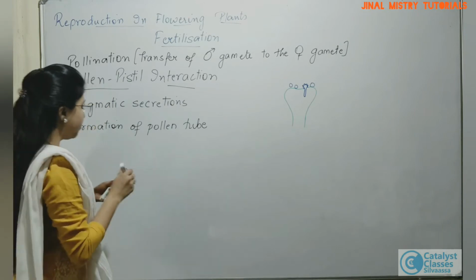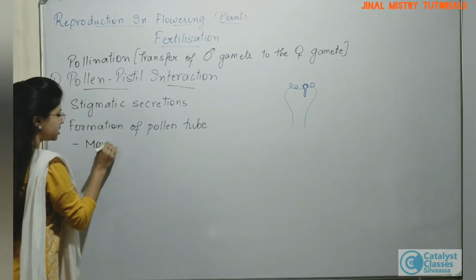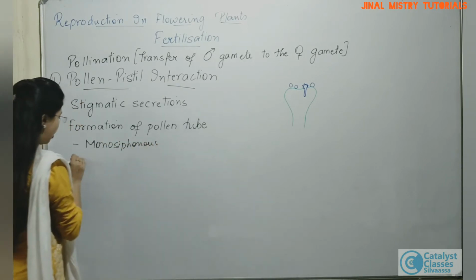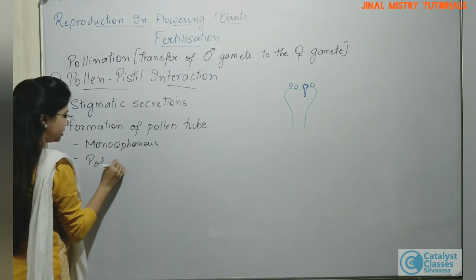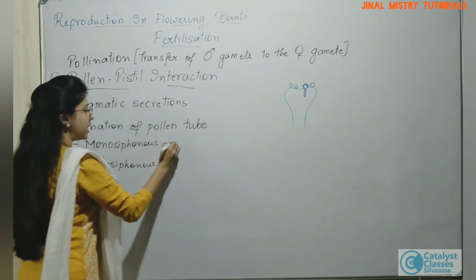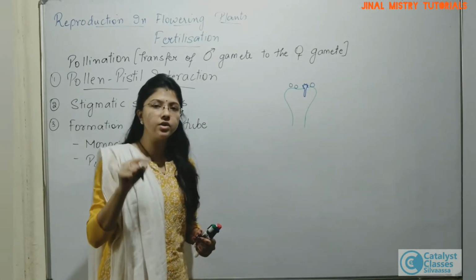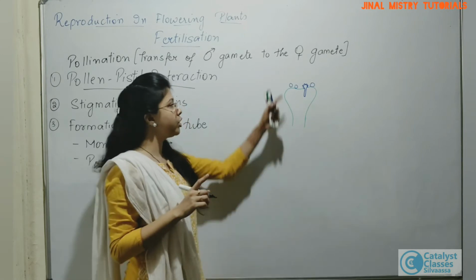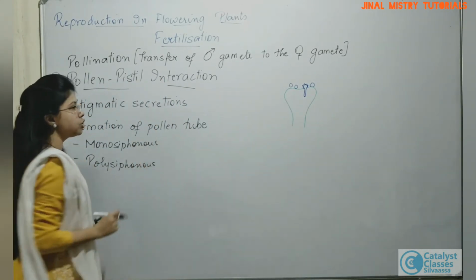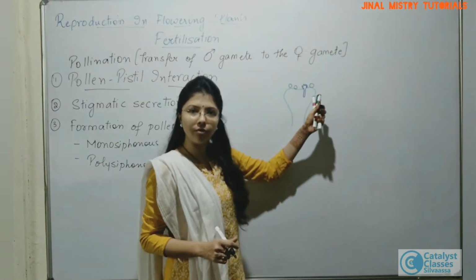Now, this germination or formation of the pollen tube can be monosiphonous or polysiphonous. Monosiphonous is the case in which only one pollen grain lands on the stigma, and that single pollen grain forms the pollen tube. Whereas in the polysiphonous condition, many pollens of the same species can land on the stigma of the flower.